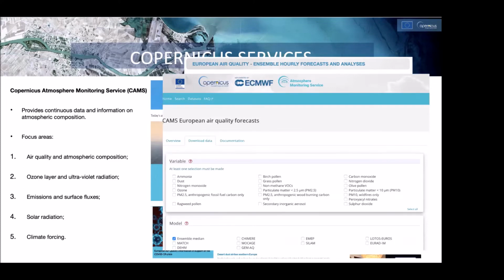And they also have air quality forecasting. So it's not just about seeing what happened, but if you're interested in forecasting, and again, I'm pointing to interesting things like grass pollen and birch pollen, which are vegetation linked. However, these are being produced within the CAMS.